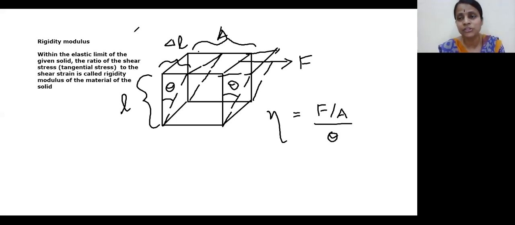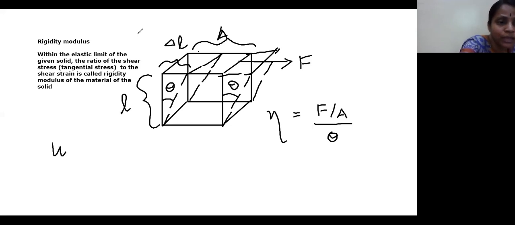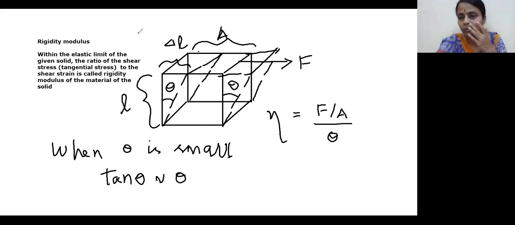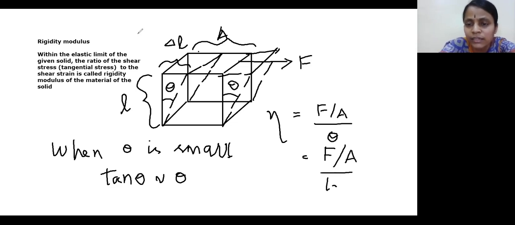When your maths teachers are going to teach trigonometric functions this year in mathematics, they are going to tell you that when theta is very small, when theta is negligible, that means I can say tan theta is approximately equal to theta. Tan theta is approximately equal to theta. So what am I going to write in the place of theta over here? I'm going to write it as F by A divided by tan theta.